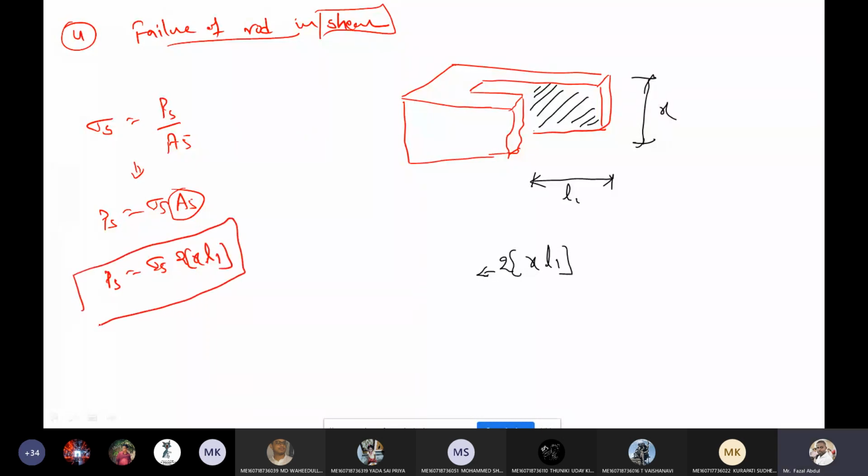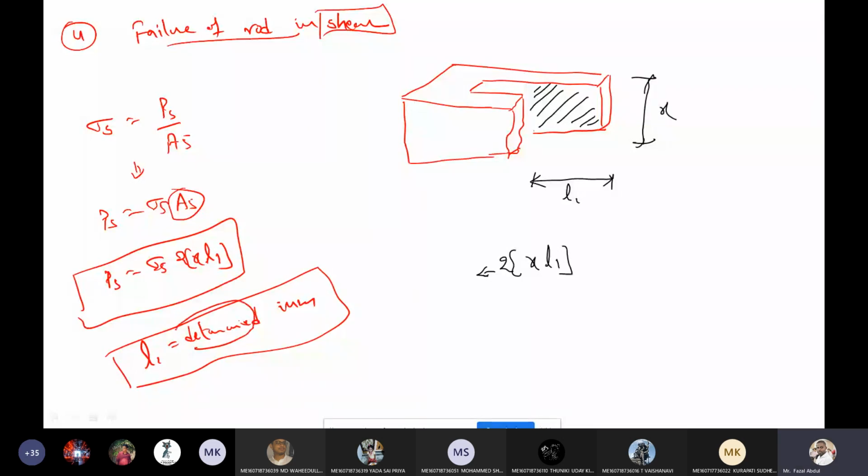This is the equation. Now with this equation, L1 is going to be determined in mm. If it is a numerical problem, then you have to write the L1 value here. Is it clear, Babu?